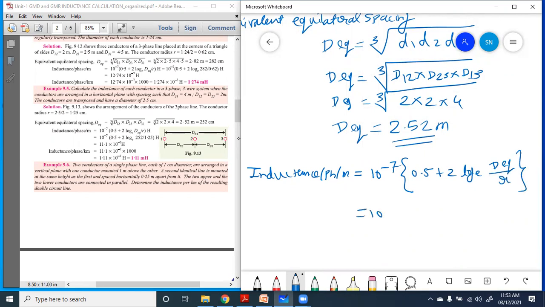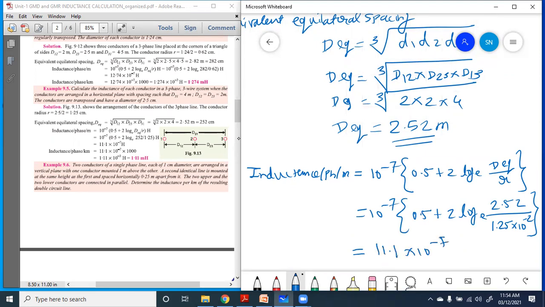Here D equivalent is 2.52 meter and the radius is 1.25 into 10 raised to the power minus 2. Now the inductance per phase per meter of the conductor is 11.1 into 10 raised to the power minus 7 Henry per meter.